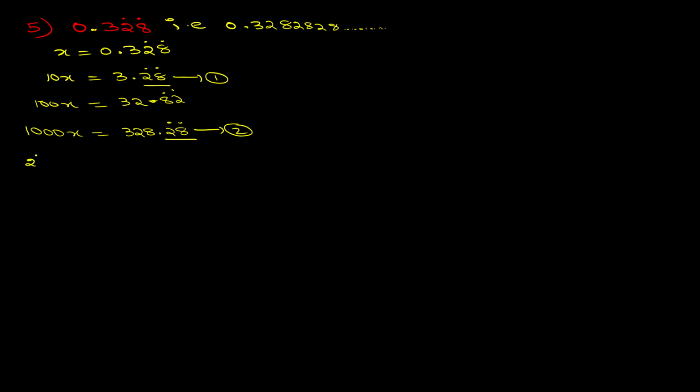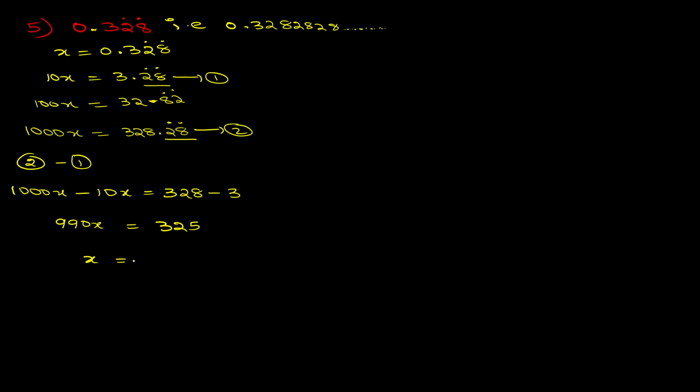So equation 2 minus equation 1, that is 1000x minus 10x is equal to, decimal parts are the same, will get subtracted, 328 minus 3. So 1000 minus 10 is 990x, that is equal to 328 minus 3 is 325.